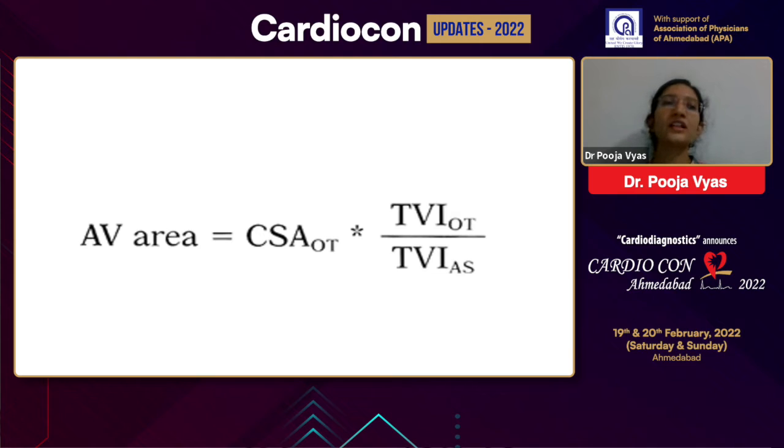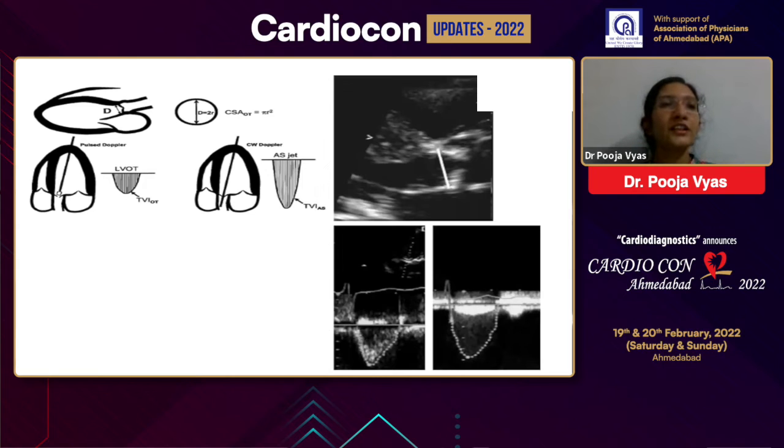So to calculate the aortic valve area, we need three measurements. One is the cross-sectional area of the LVOT. Second is the time velocity integral of the LVOT, and third, the TVI of the aortic stenosis. The cross-sectional area is calculated by the formula pi r square, and the diameter of the LVOT should be taken in the PLAX view, while the time velocity integral is to be taken in the five-chamber apical view just proximal to the aortic valve by putting the pulse wave Doppler.